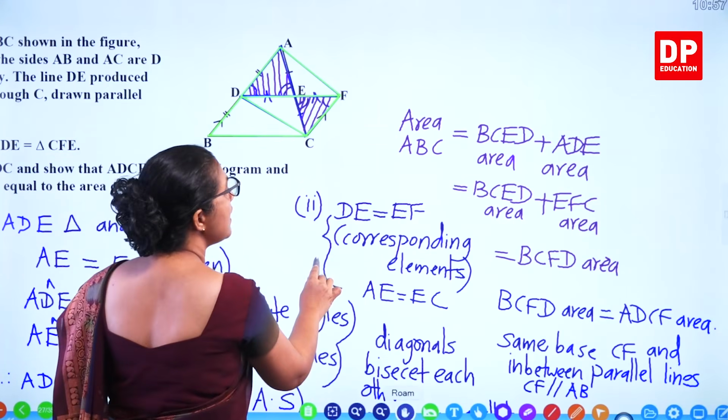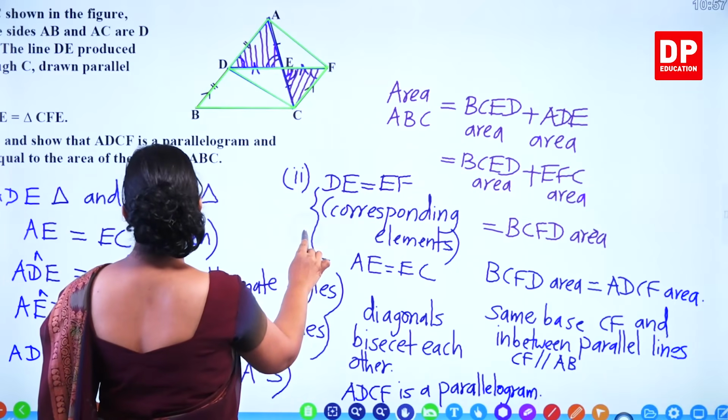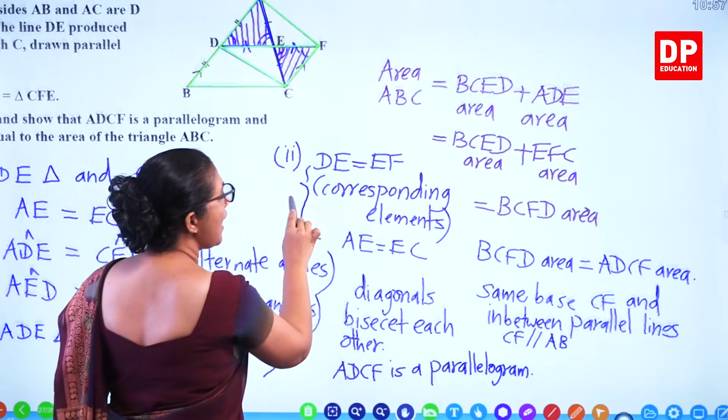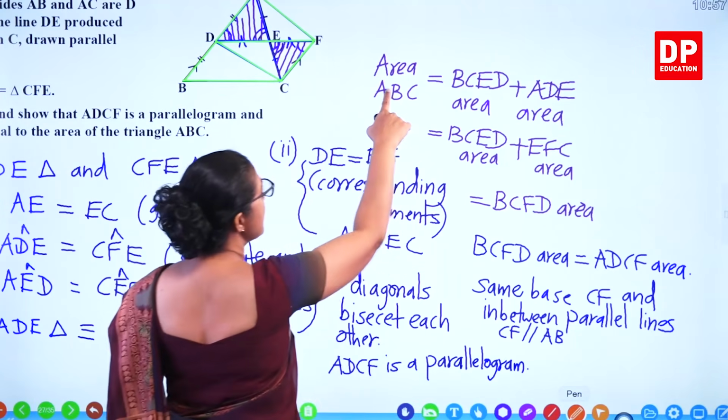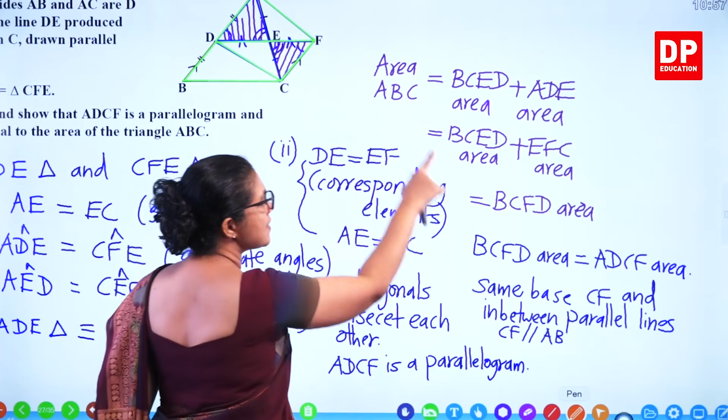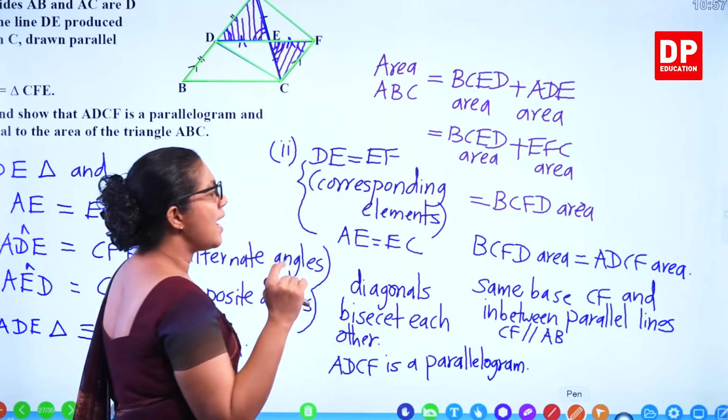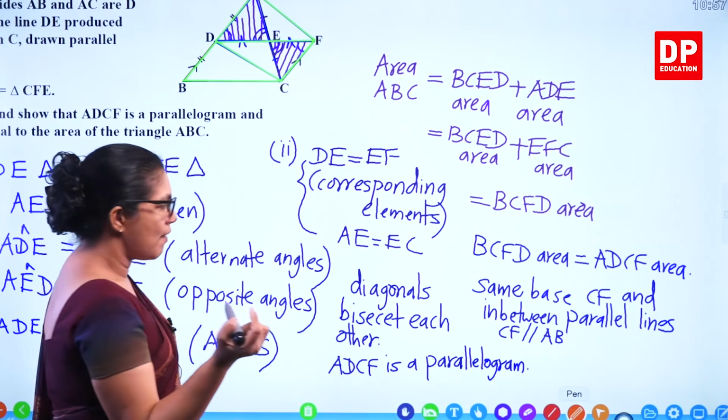So what's the final answer? Therefore, the area of the triangle ABC, that's the left hand side, is equal to the area of ADCF.